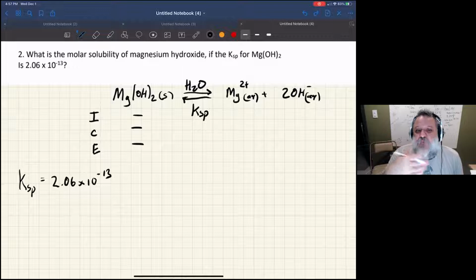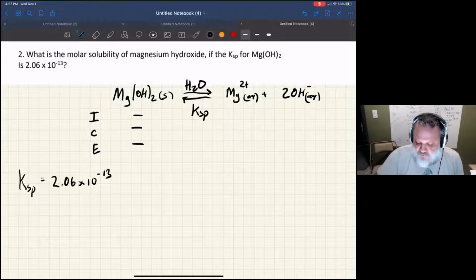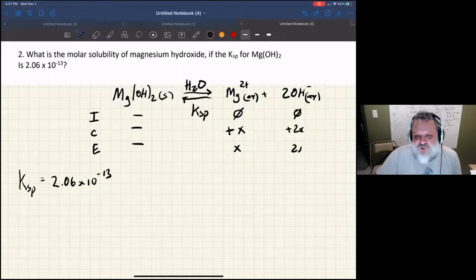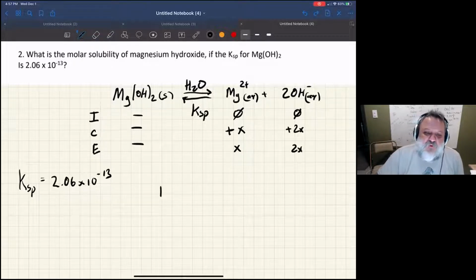And so that part of it isn't there. And that does lead to some confusion, and we'll address that a little bit later on. The rest is very straightforward, though. I start out with 0. This goes up by x. This goes up by 2x. x is the equilibrium concentration of magnesium ion, and 2x is the equilibrium concentration of hydroxide ion.